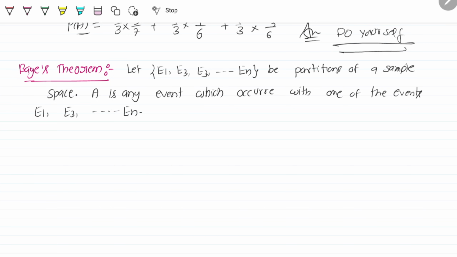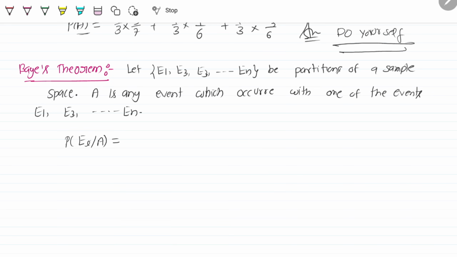Okay, see, same statement, but here we will not find the probability of A. We will find P(Ei upon A). What does Ei mean? We will find the probability of some Ei, given A is given.